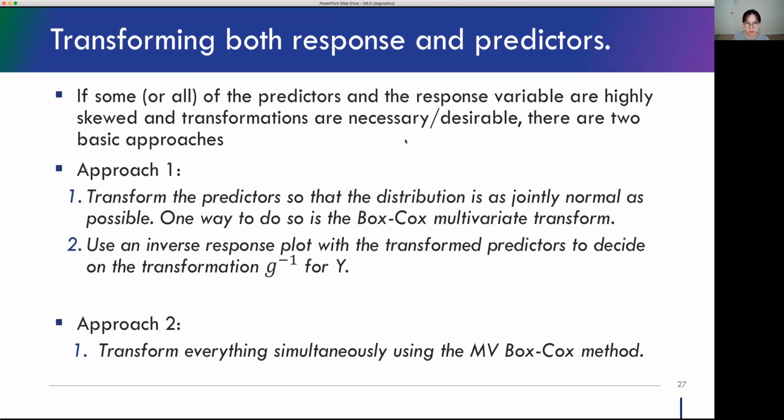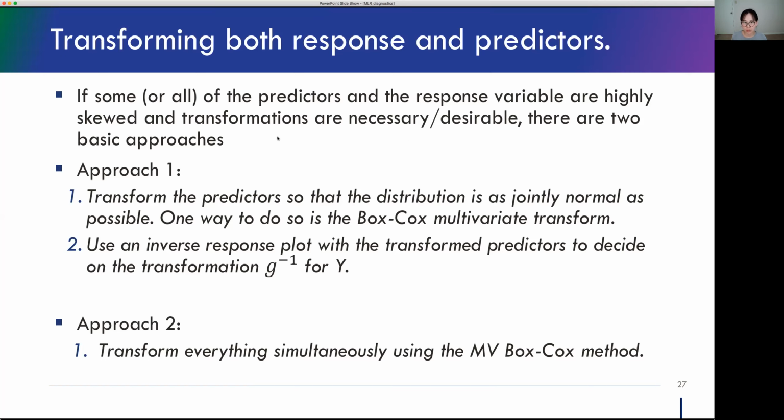Okay, what if we need to transform both the response and predictors? We have encountered this scenario when we did simple linear regression, right? So again, if some of the predictors and the response variable are highly skewed and transformation is necessary and desirable, we have two approaches for this situation.